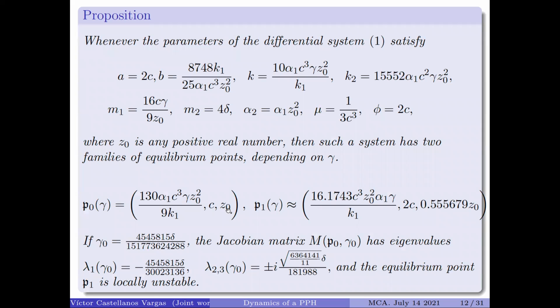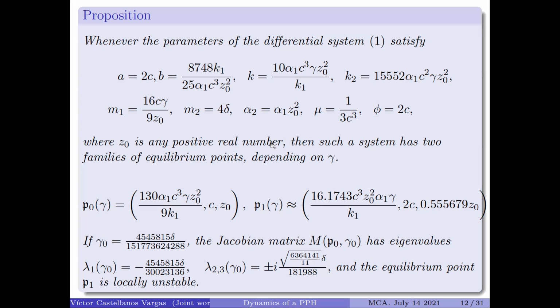The proposition says, whenever the parameters of the differential system satisfy this condition, here we fix many parameters. Observe that all parameters are positive, where here Z0 is any positive real number.